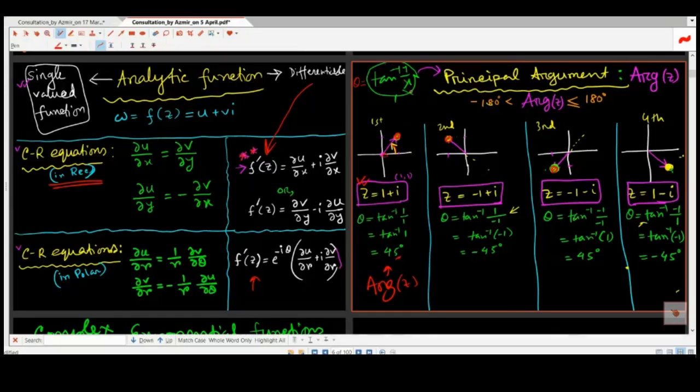That means whenever we are using this formula, if a point is in the first quadrant, the result we are getting from this formula is denoting the principal argument. Similarly, if we have a point in the fourth quadrant, by using this formula we are getting a result, and that result will also be the principal argument.